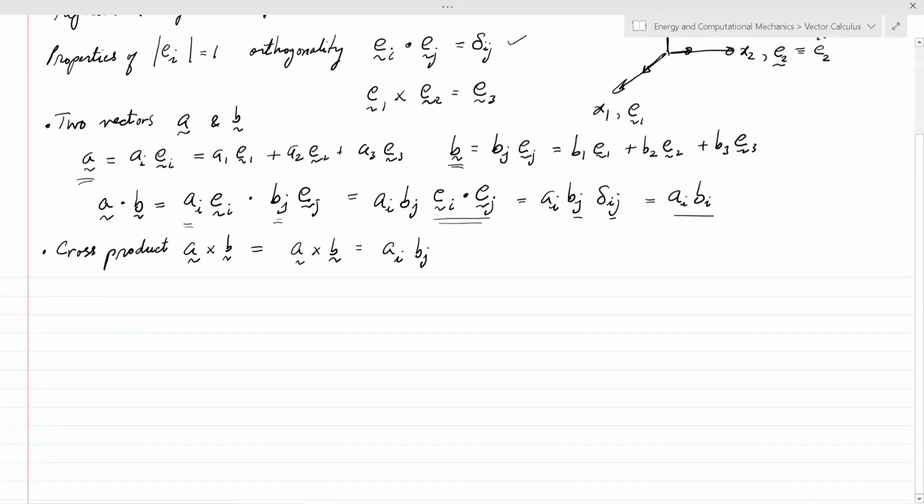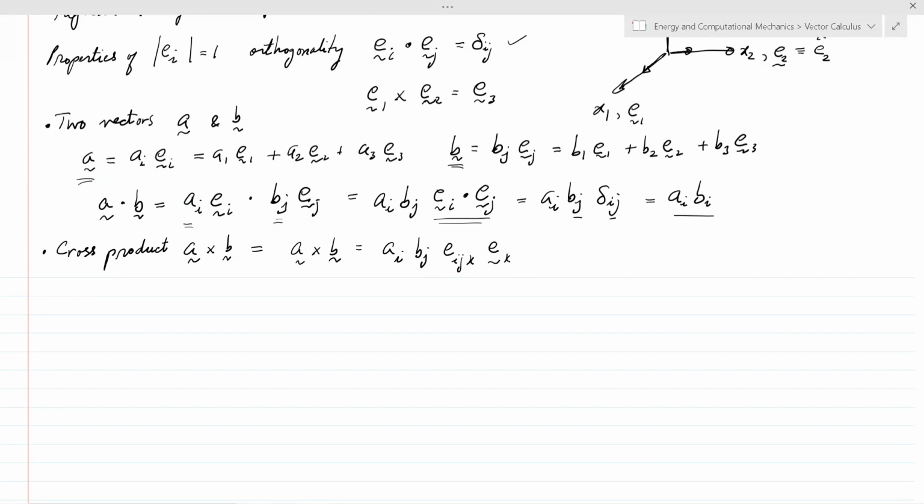And then we're going to have now the cross product of E_i and E_j. And since I'm going to make it general now, I'm going to say epsilon_ijk E_k. So that will be the cross product.